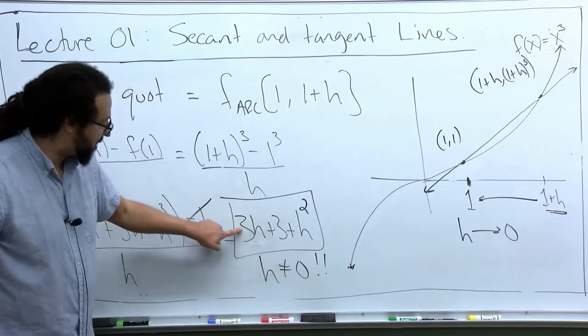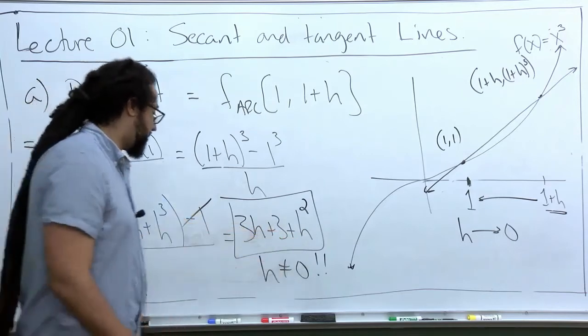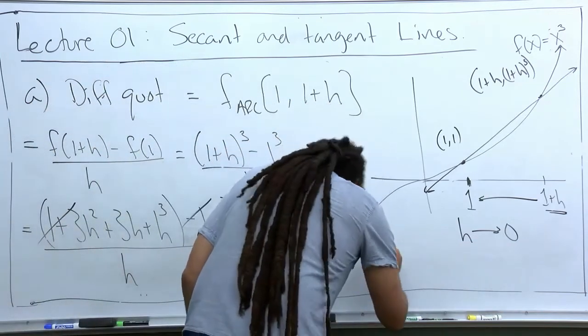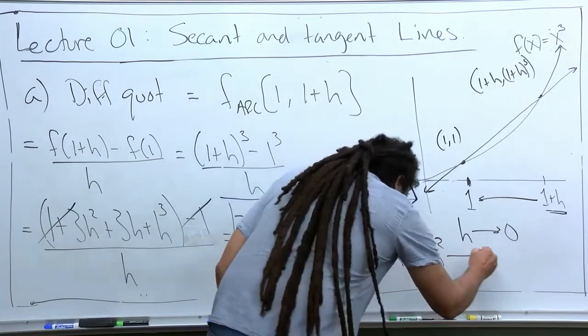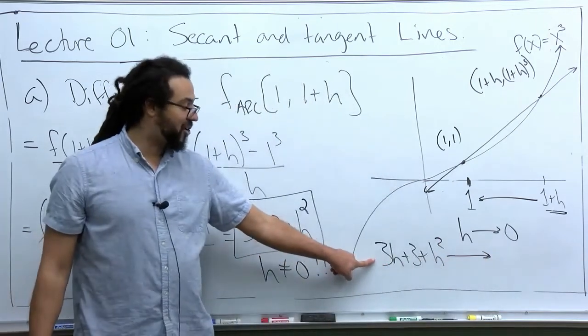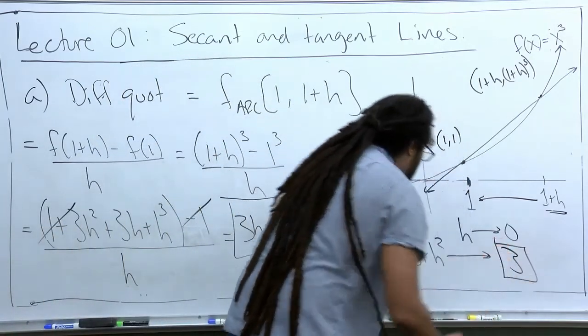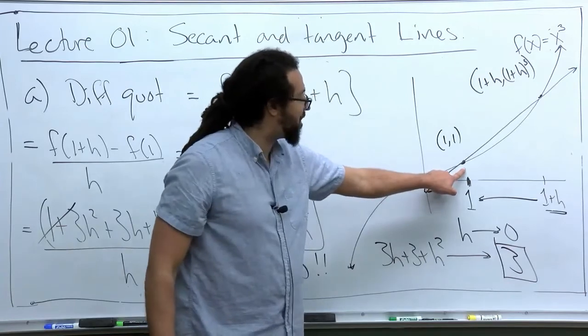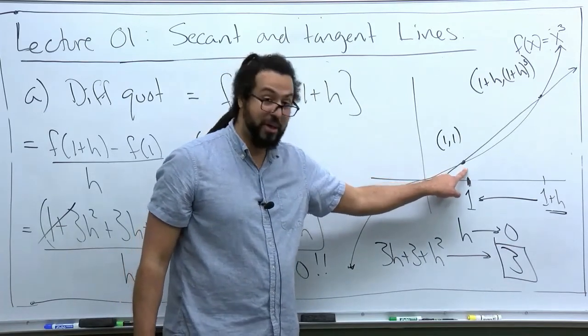This piece will get close to 0, and this piece will get close to 0. So when h gets close to 0, 3h plus 3 plus h squared will get closer and closer to 3. So we would guess that the slope of the tangent line is going to be 3.